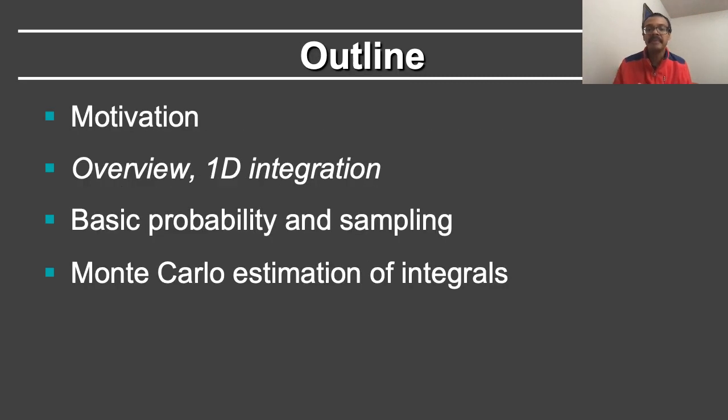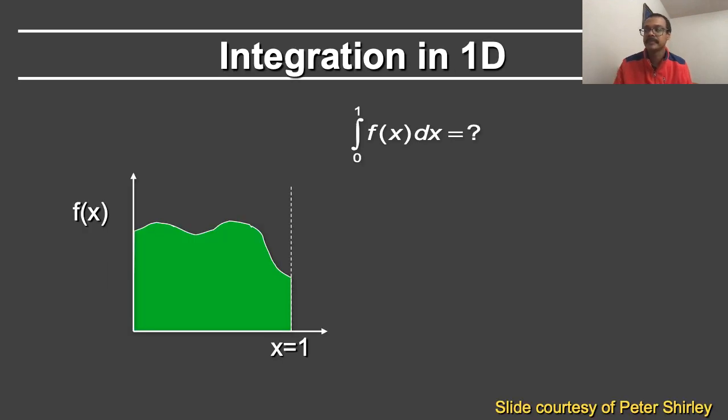We will begin by talking about 1D integration. Here you have a function f of x. For simplicity, let's say x goes from 0 to 1. You are trying to find the integral from 0 to 1 of f of x dx.